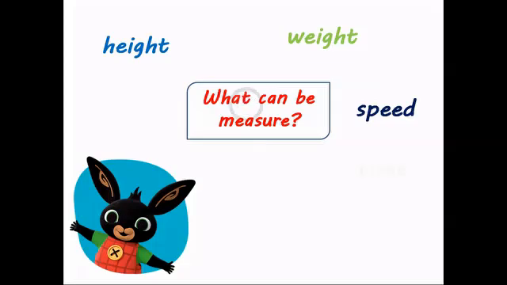Alright, so next one is time. Time is something we commonly use every day in class. So look at the time now, what time is it right now? That's how to measure the time. We use the clock or watches to measure the time. Alright, next one is temperature. Temperature in bahasa Melayu is suhu, which is happening right now.